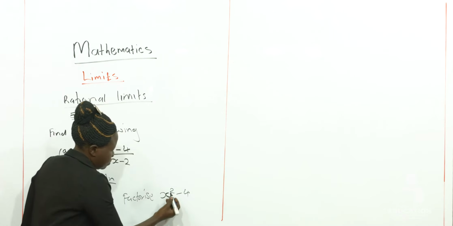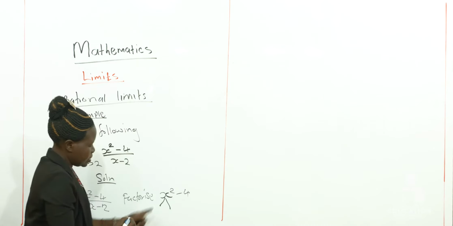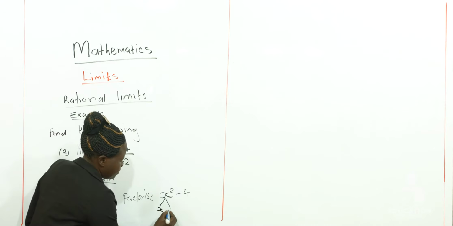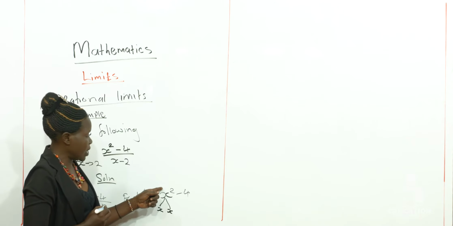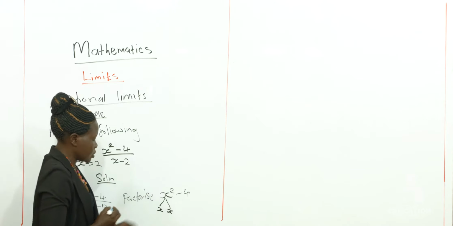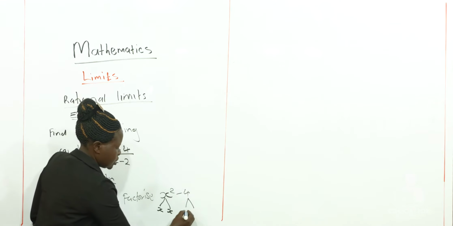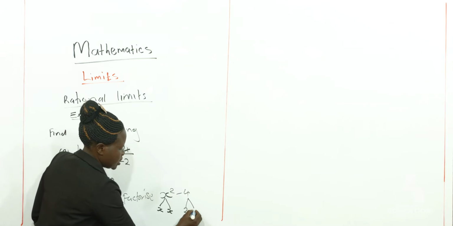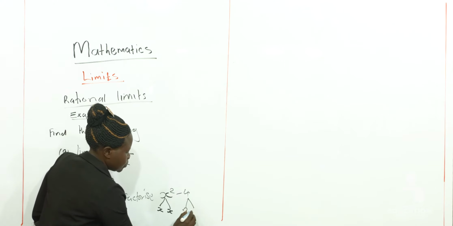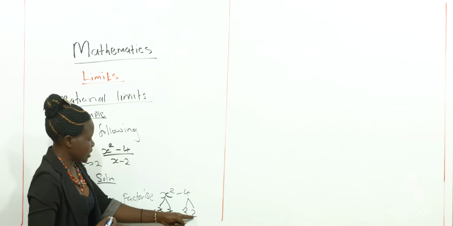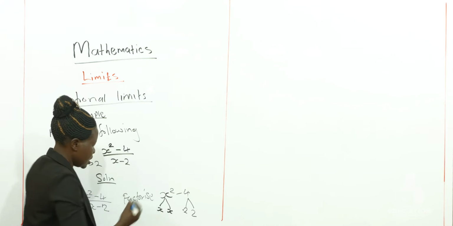You look at which factors can I multiply to give me x squared. So we get x times x, and then here we get 2 times negative 2, negative 2 times positive 2. When we multiply these, we get negative 4. When we multiply x times x, we get x squared.